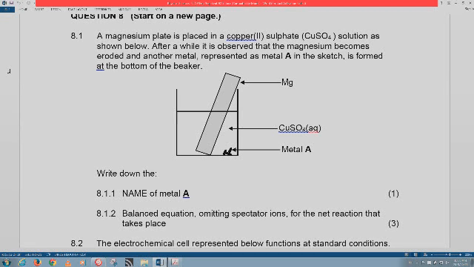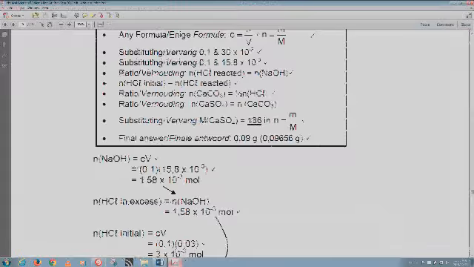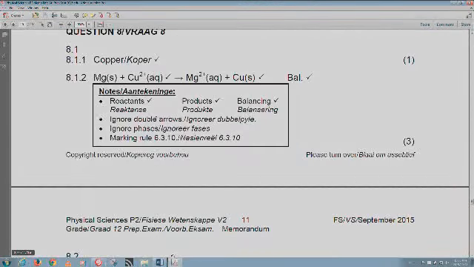Then in 8.1.1, you write down the name of metal A. And colleagues, bear in mind, it says name in capital letters. Therefore, the answer expected is copper as the name, not Cu.